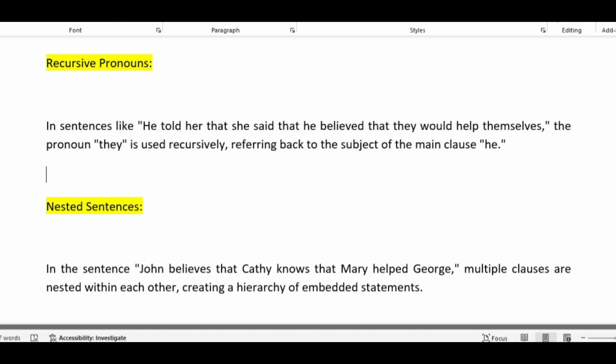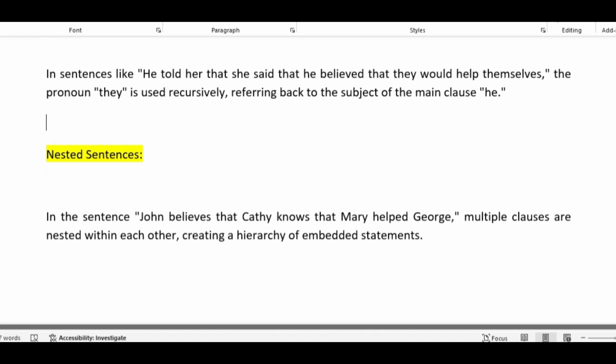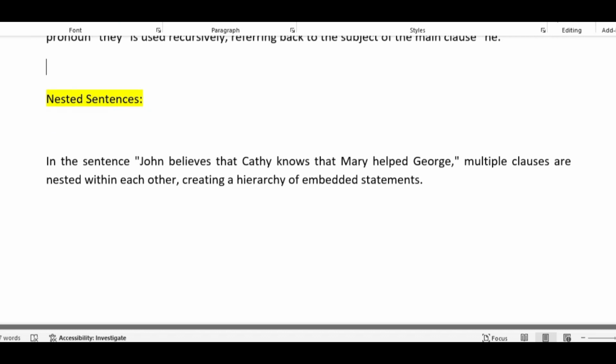What happened? They is used recursively, referring back to the subject of the main clause he. It refers back recursively, repeatedly it is used. This is recursion.